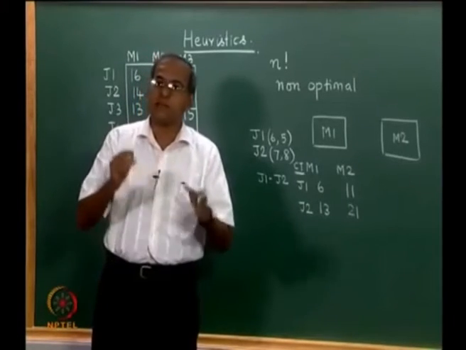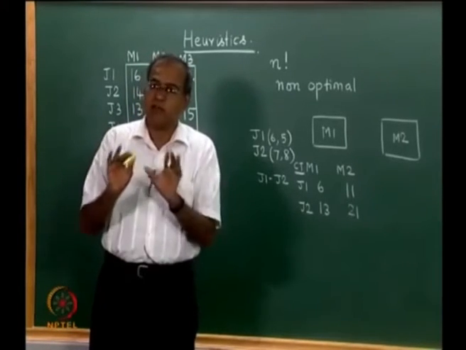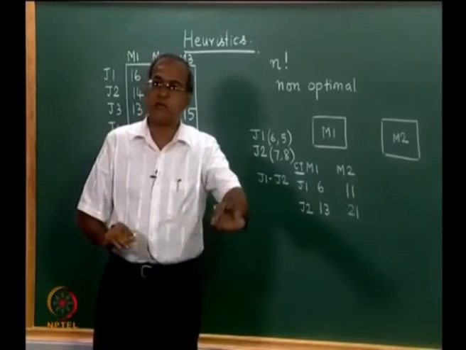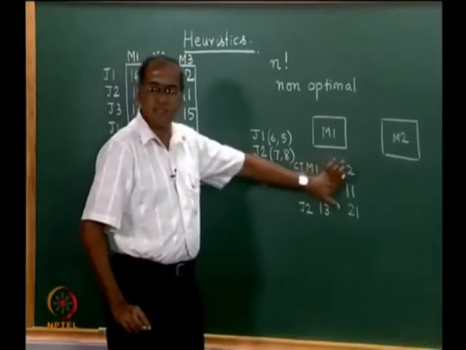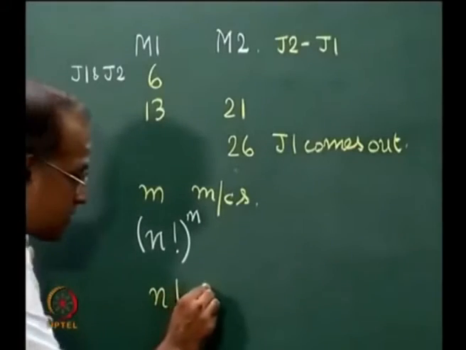Those sequences, or the situation where we consider the same sequence for all the machines such as this, is called a permutation flow shop.